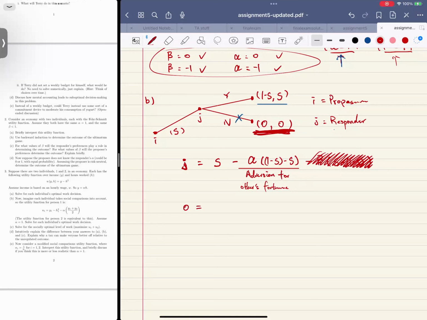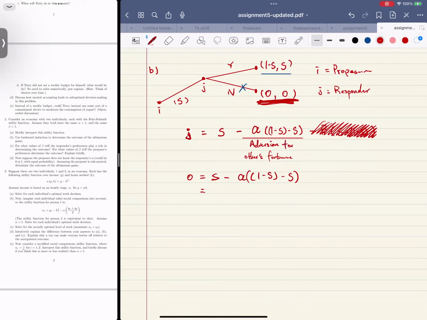So 0 equals S minus alpha times (1 minus S minus S). So we have S minus (1 minus 2S), which equals S minus 1 plus 2S equals 0. So we have 1 equals 3S, and S equals 1/3.